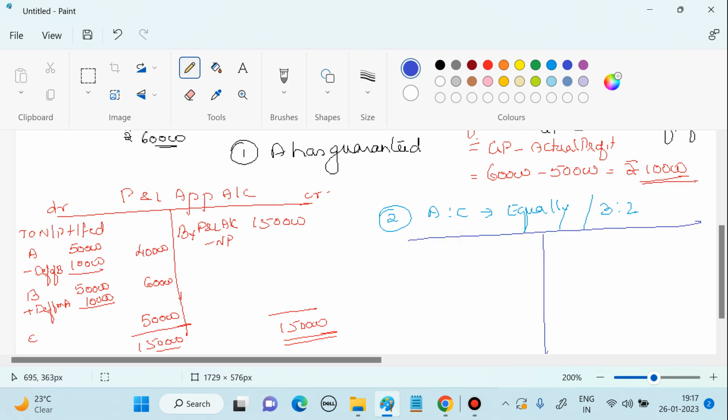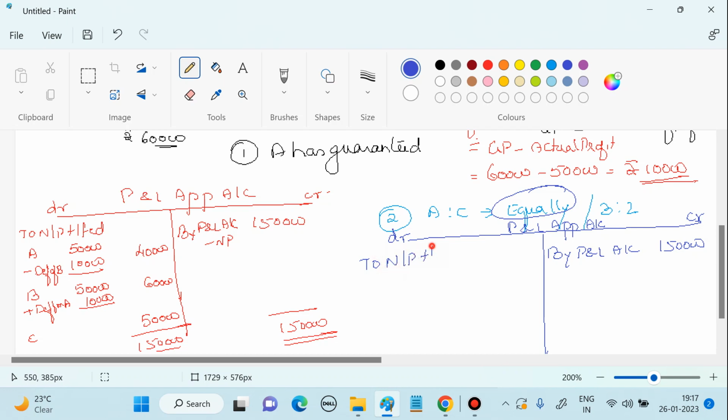In your profit and loss appropriation account, you would have by profit and loss account 1,50,000. Now suppose we'll take the case of equally. How much was the deficiency? 10,000, which has to be given equally by A and C, means 5,000 by A and 5,000 by C.